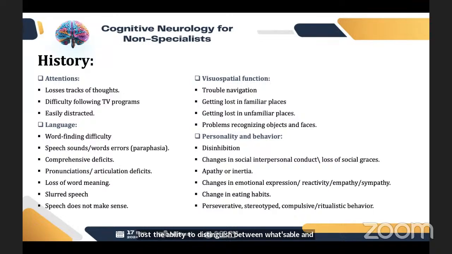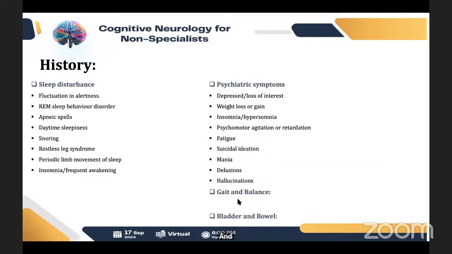He would, for example, drink ketchup, or he would put the sunblock in his coffee, acting as if it's milk or cream. So these kinds of extreme changes in eating habits. And stereotyped, compulsive, ritualistic behavior. Of course, sleep disturbances, psychiatric symptoms that we've been talking about since earlier today. So again, it's very important to go over them.